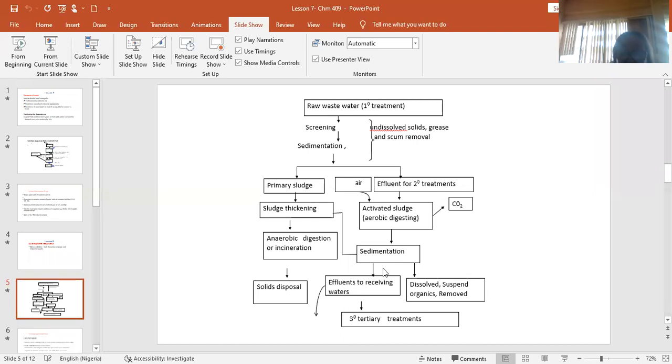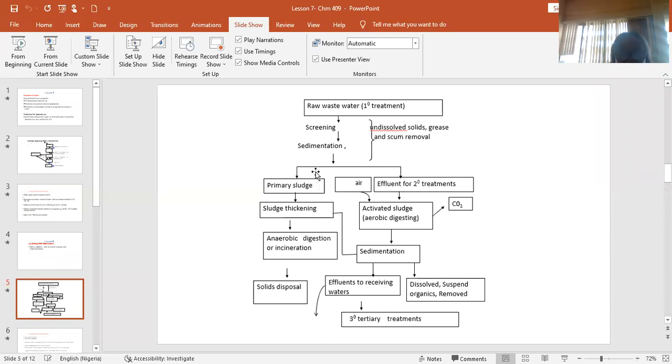But if it is not sewage, if it's industrial water, if it's an industrial company, we need to take the treated effluents to the tertiary treatment stage. So this is in effect how wastewater is treated. It goes through the primary treatment, secondary treatment, and if it is sewage, it can be discharged into the river. But if it is not sewage, it must go to the tertiary treatment.